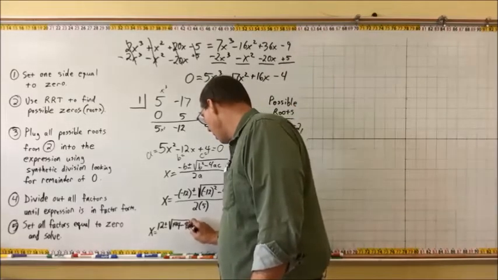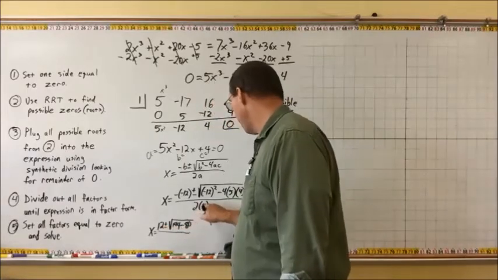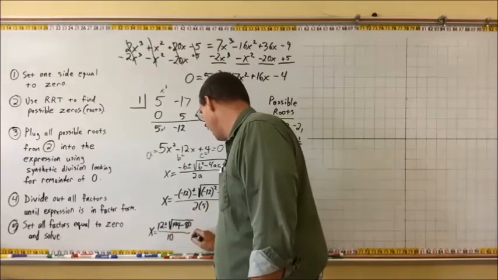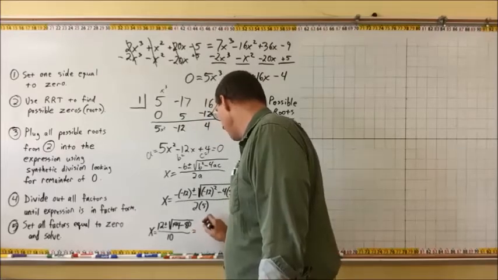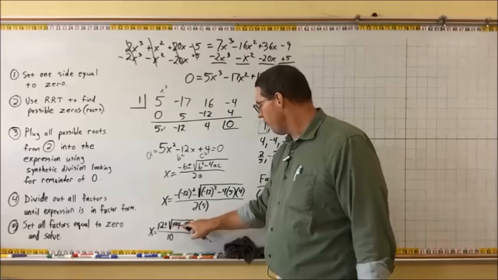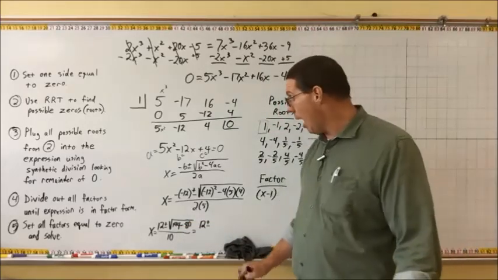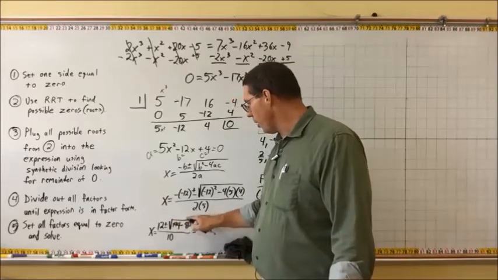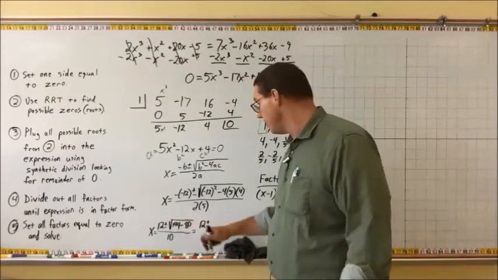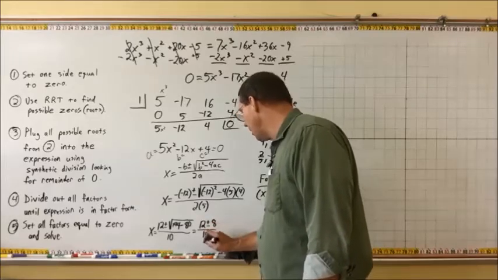Minus 80 over 2 times 5 is 10. So this is going to be 12 plus or minus, what's 144 minus 80? Well, 144 minus 80 is 64. Ah, that's a perfect square. What's the square root of 64? 8. So it's 12 plus or minus 8 divided by 10.